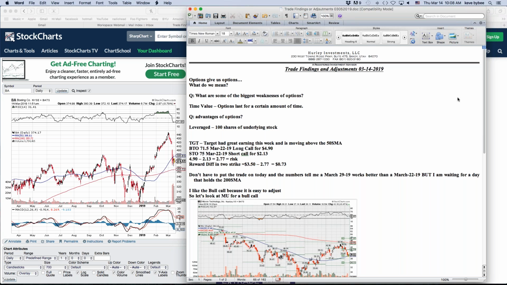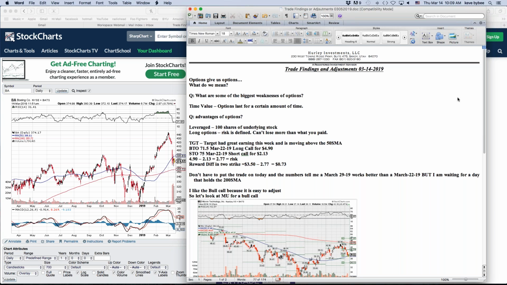One I like is, for long options, your risk is defined. You can't lose more than what you paid.